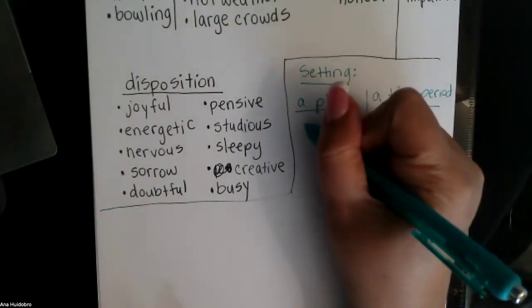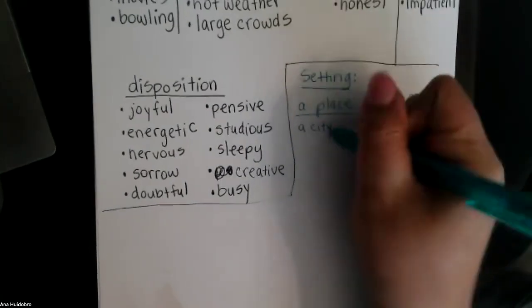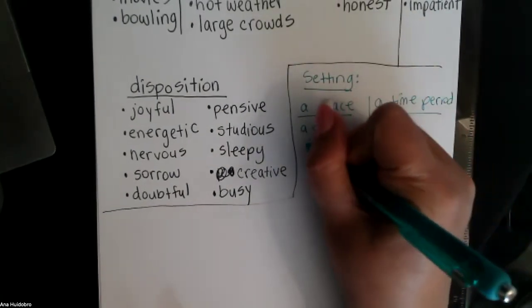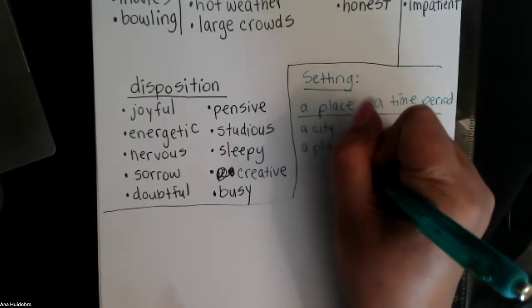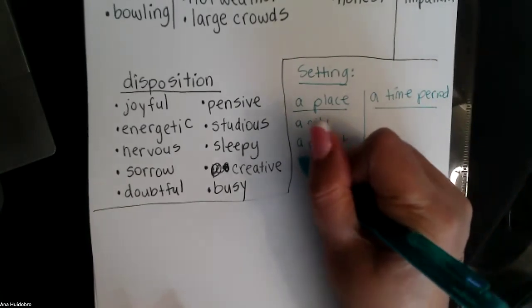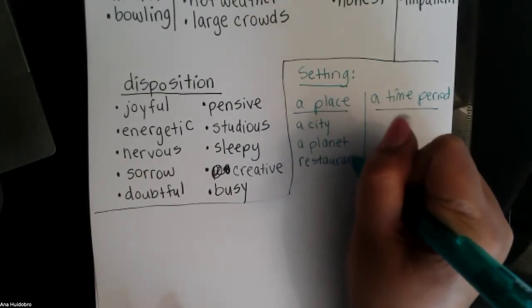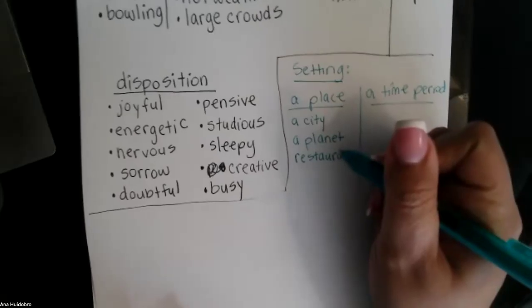These are an example. So for you, a setting could be a city or town. A setting could be a planet, remember, because this could be a very fictional story, right? A setting could be in a restaurant or a park or a store or a business, right?